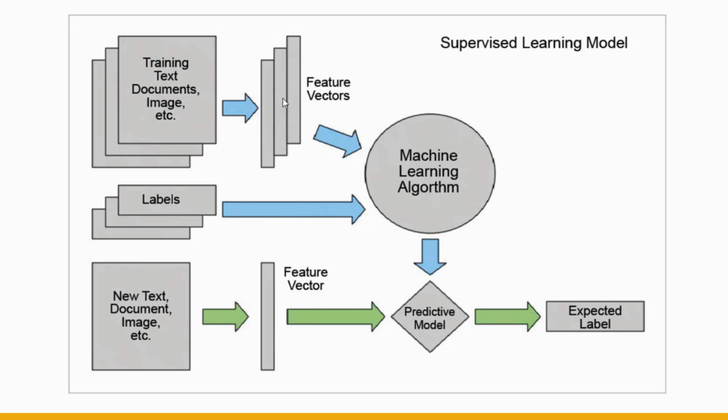The feature vector is the input. Some advanced machine learning algorithms, like convolutional neural networks, take the data in a pure form. There is no need for feature engineering there. It extracts the features itself. So the supervised learning algorithm takes a set of data along with its label and is trained, and it can predict the corresponding label for any future data. This is what a supervised learning model is.